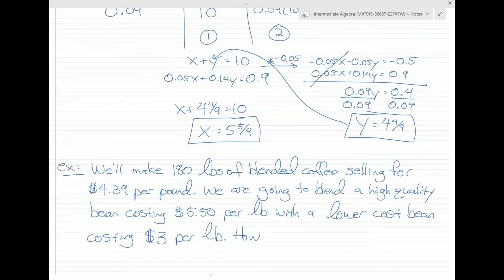How many pounds of each should we use? And so this is kind of similar to the last problem. Give you a second to copy it down and then we'll get started.